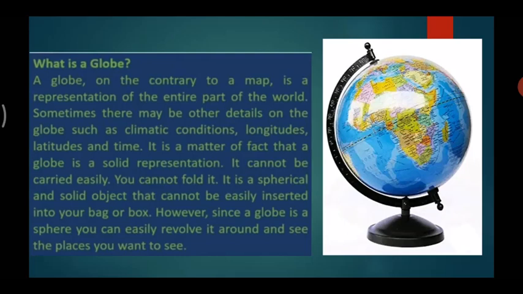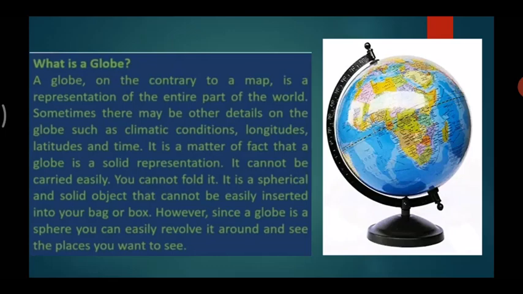It cannot be carried easily. You cannot fold it. It is a spherical and solid object that cannot be easily inserted in your bag. However, since a globe is a sphere, you can easily revolve it to find the places you want to see.